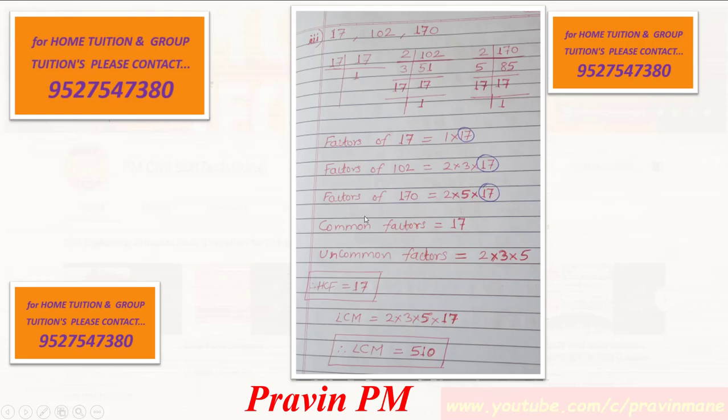Then HCF is equal to multiplication of common factors. Common factor is 17. LCM is equal to multiplication of common factors as well as uncommon factors. 2 multiplied by 3 multiplied by 5 multiplied by 17 is equal to 510.